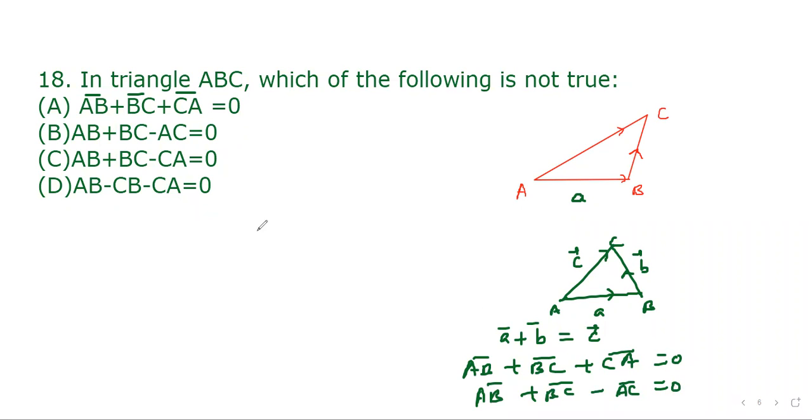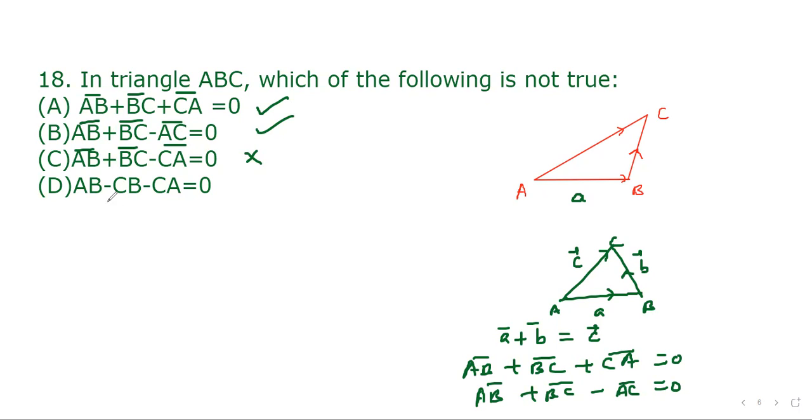So here AB plus BC plus CA equal to 0 is a correct answer. Here we have got AB plus BC minus AC equal to 0. This is also a correct option. And this is AB plus BC minus CA equal to 0. So this is not correct.